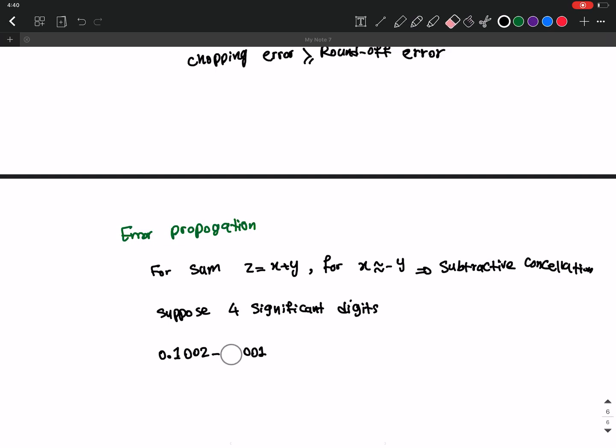As you see, we have four significant digits now. And when we do the subtraction, this is going to give me 0.1 times 10 to the power 4. Let me just do something here. So this is 10 to the power 4 minus 0.001 times 10 to the power 4.